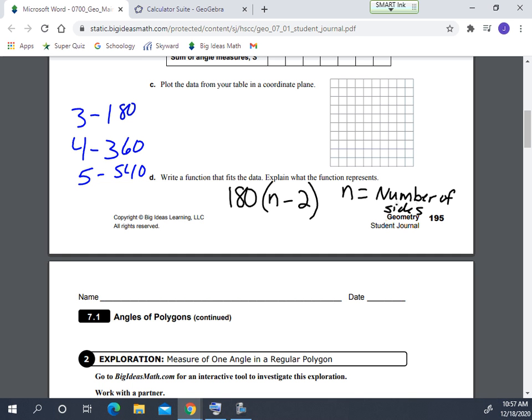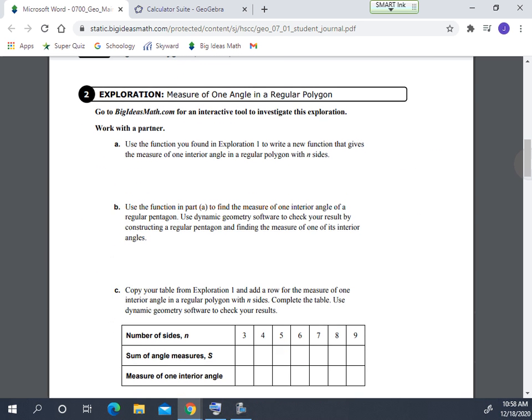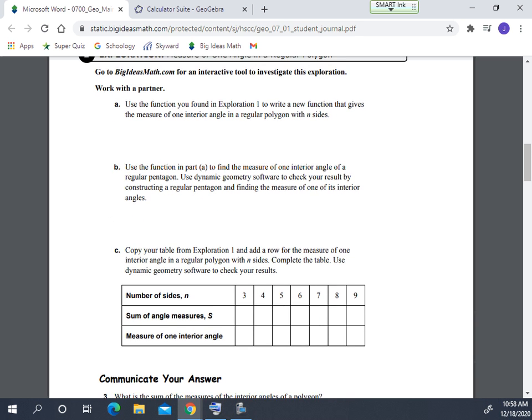So, for example, if we have a 5-sided figure, we're going to take 180 times (5 minus 2), which is equal to 180 times 3, which is equal to 540. So there's our general rule for finding the sum of the interior angles of any polygon. That's exactly what we did there.